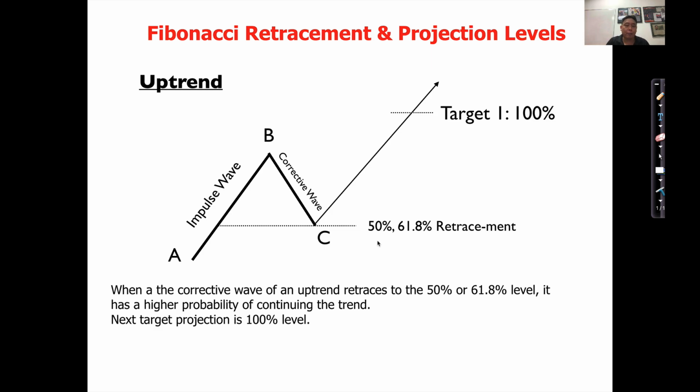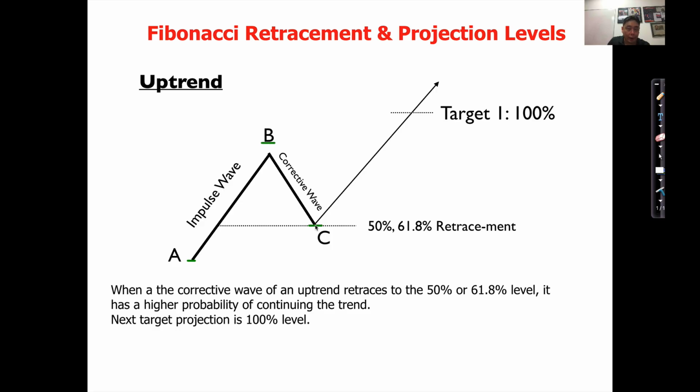Okay? So on an uptrend, like I mentioned earlier, we have always got the impulsive wave. The breathing out. Now, the start of the impulsive wave, we call it A. The end of the impulsive wave, we call it B. And after the impulsive wave, it will correct to a certain level. Let's call that C. And once it reaches C, guess what?